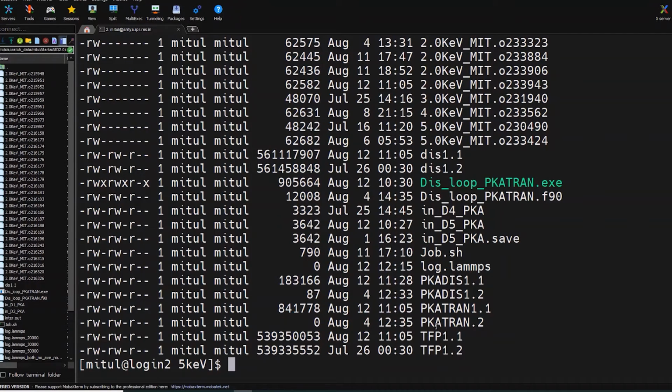Now I'll show you what to do once you have the output files. Suppose you have dumped all the output files as per your calculation. How do you analyze these output files?